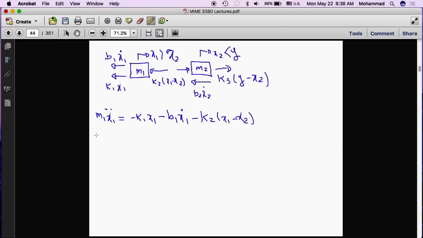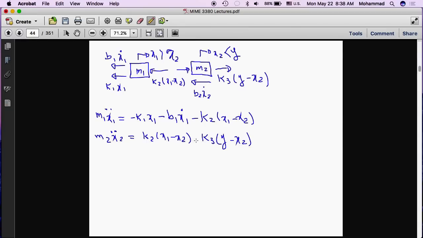So let's move to the second mass. M2 x2 double dot is going to be equal to, so let's start with K2. Positive or negative? K2 times (x1 minus x2). It's in the positive direction of x2, therefore positive. Let's move to K3 (y minus x2).